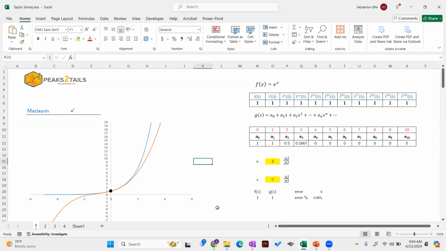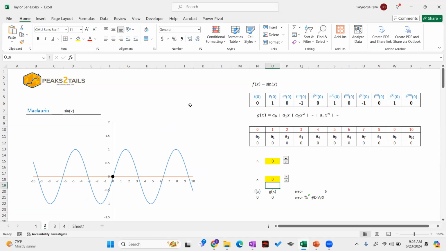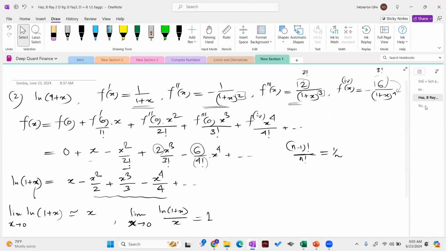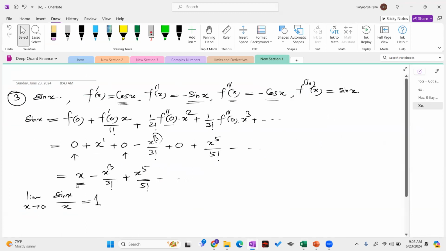All right, similarly, we can do the exercise for sin x. Remember the expansion for sin x? Let's go back. This is log 1 plus x. This is sin x. So what is the constant term? Let me ask you this.